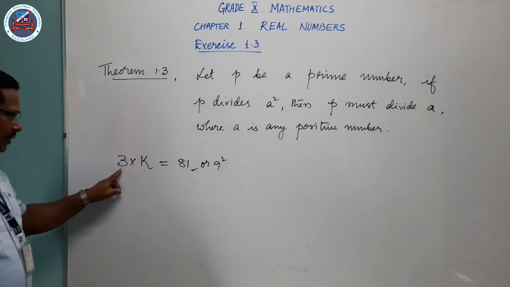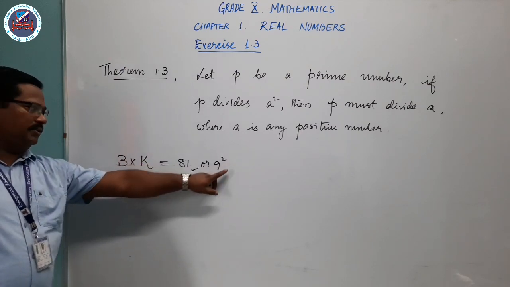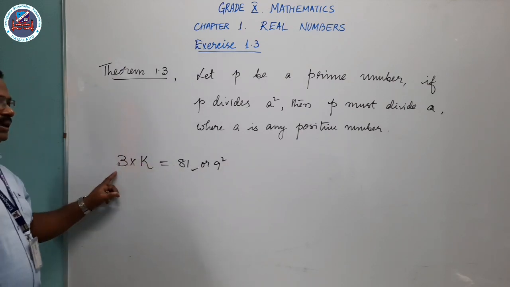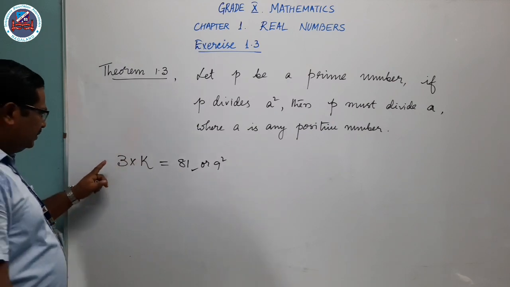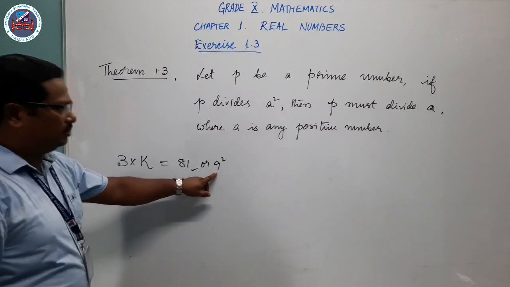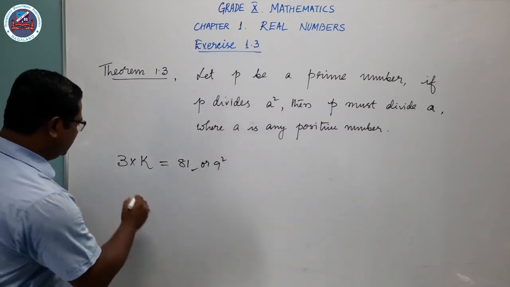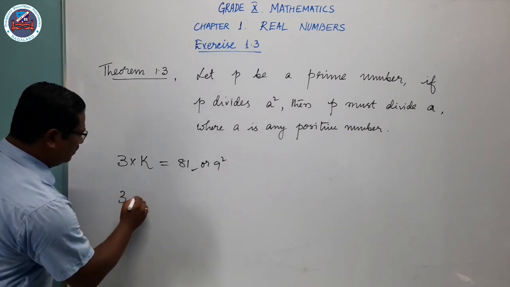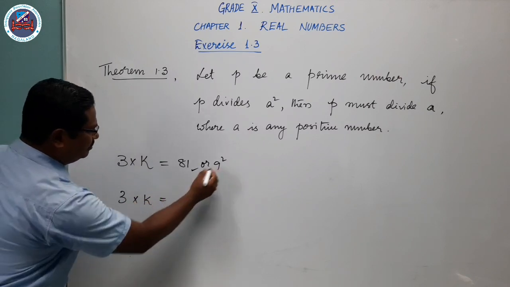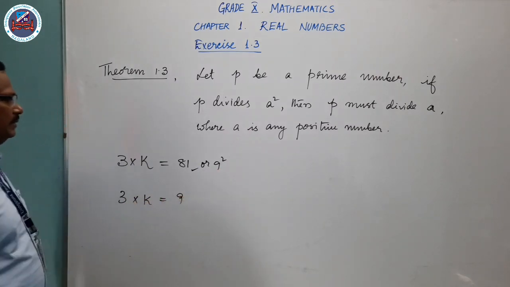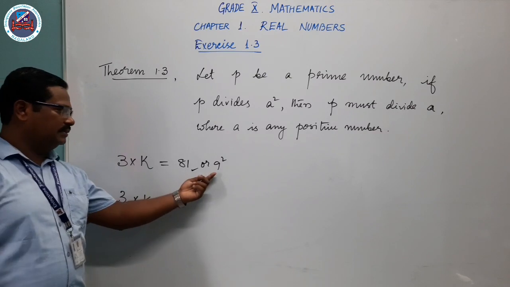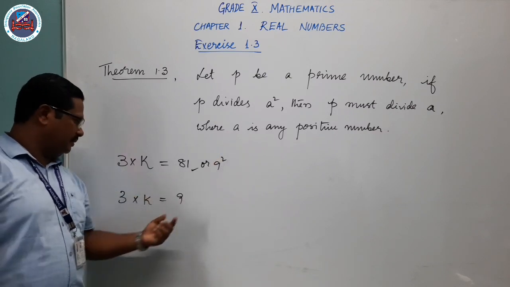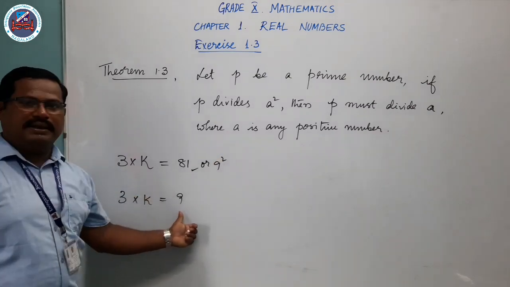If 3 divides 81, and we all know that it can, then 3 must divide A as well. If you remove the square, 3 must be able to divide A. So if it can divide A square, then it can divide A as well.